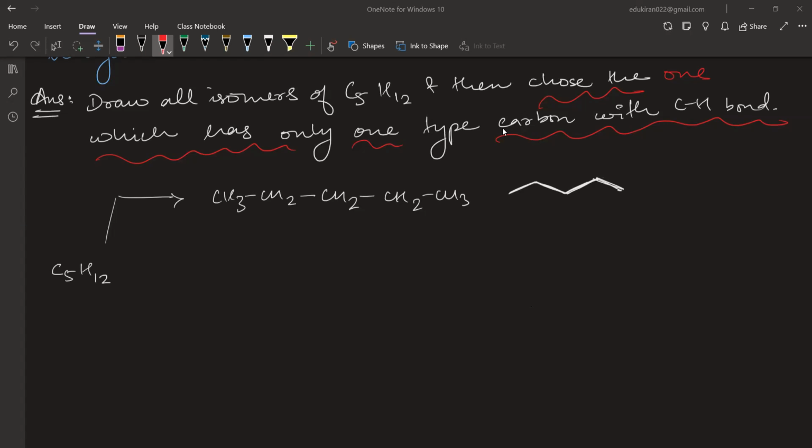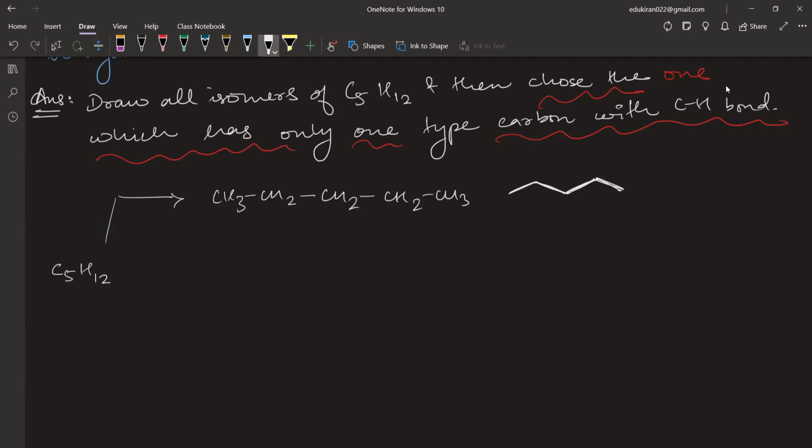Can you identify the isomer which is having one type of carbon with CH bond? Raise your hand if you can identify it. Okay, Atif, very good. Okay, Kulsum. Okay, Akshay. Okay, Hamza. Fine. So all of you can identify.